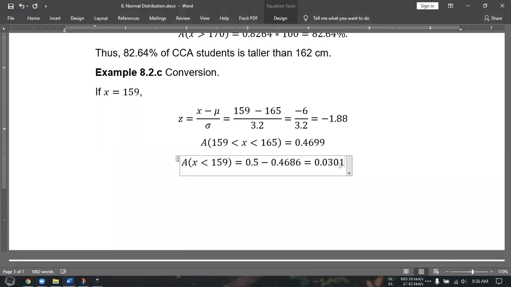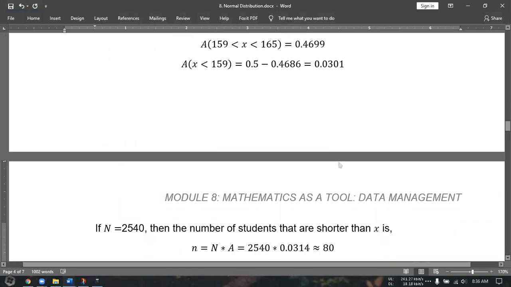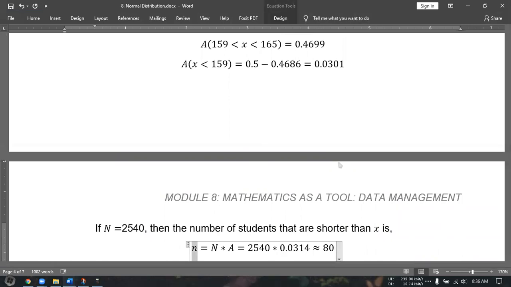And we won't be multiplying by 100 anymore since we are not to find the percentage. We'll be multiplying this by the total population of CCA students. So if N is 540, then the number of students that are shorter than x is: we have n, the unknown number of students, the capital N, the population, and then we have the area.